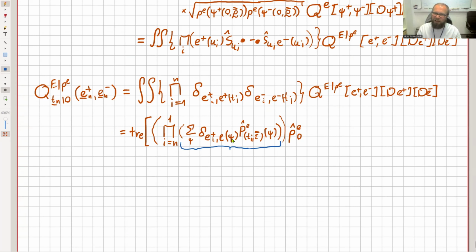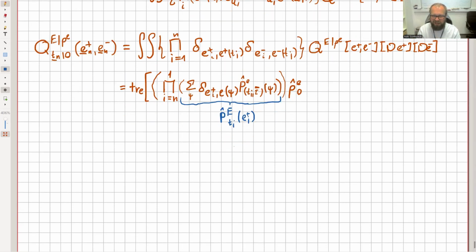If operator E is degenerate, this operator projects onto this degenerate eigenspace of the operator E. So let's just call this P E of Ti of E plus I. Okay, so this is a projector onto the degenerate eigenspace of operator capital E associated with eigenvalue E I plus, right?